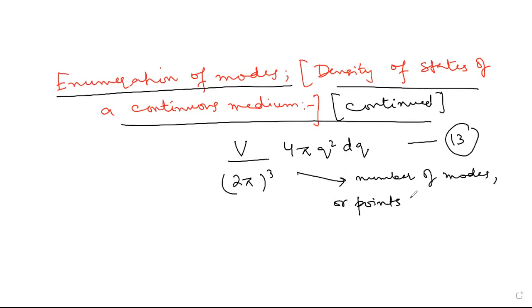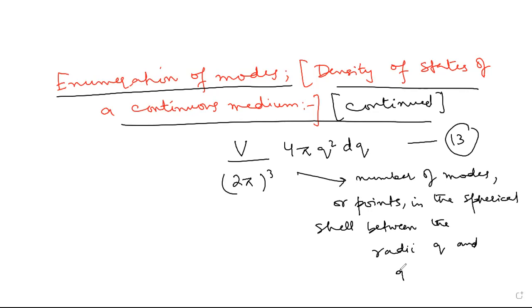So this is the number of modes or points in the spherical shell between the radii q and q plus dq in figure 4 of the last lecture, the second lecture of this particular topic.